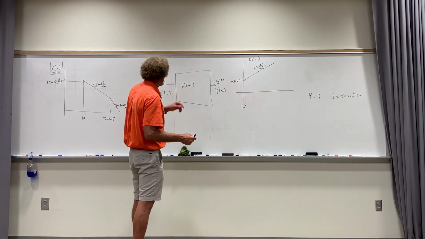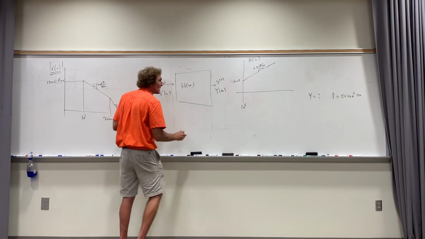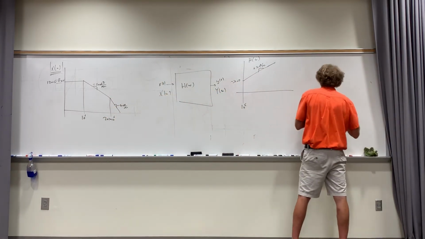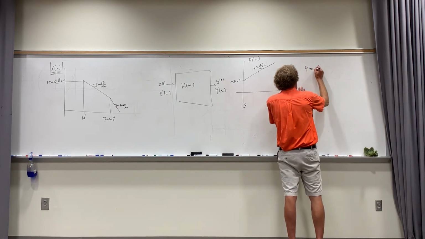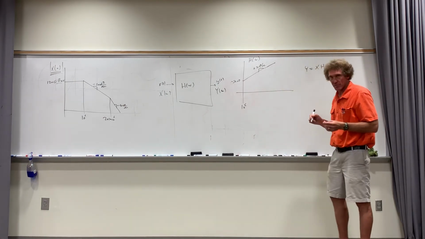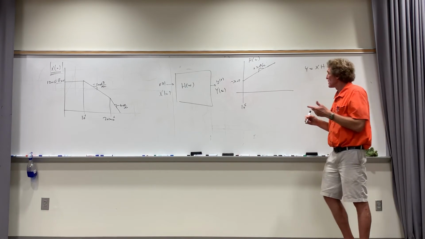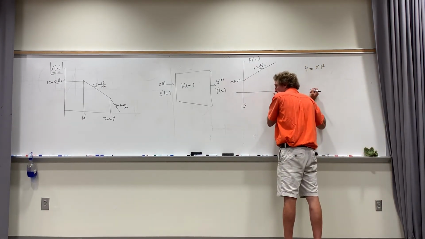Well, when I look at this whole thing, I can say my Y of omega is equal to X times my H, right? And I expressed omega, but we know the functions of omega, correct? Now, I want my Y in terms of dB microvolts.